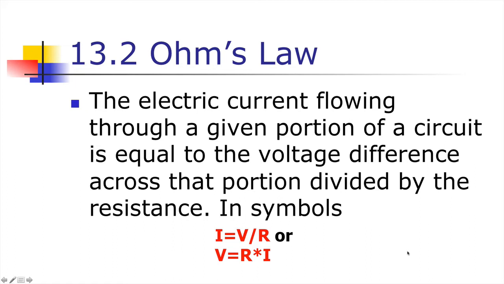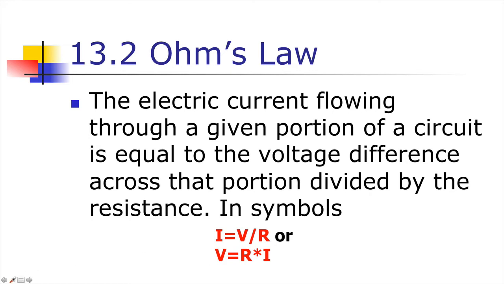Then what is the relationship between current, resistance, and voltage? According to Ohm's law, the electric current flowing through a given portion of a circuit is equal to the voltage difference across the portion divided by the resistance.